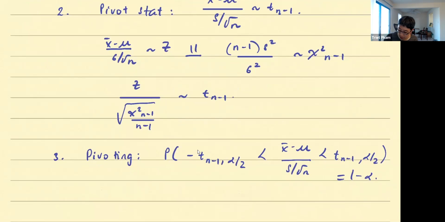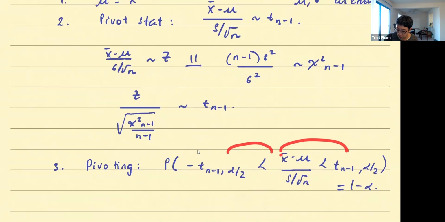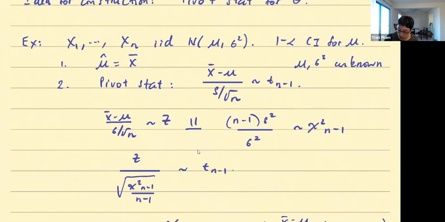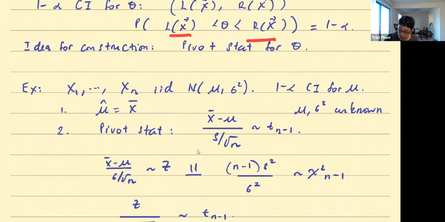This is true by definition. This is just the quantiles. And so pivoting means isolating the mu and putting everything else on the two hand sides to obtain the left point and the right point.